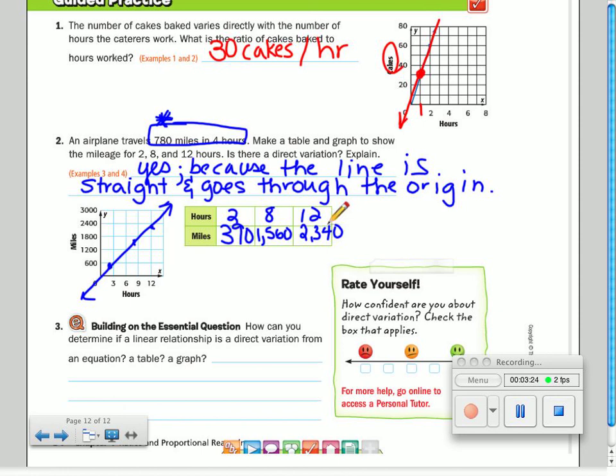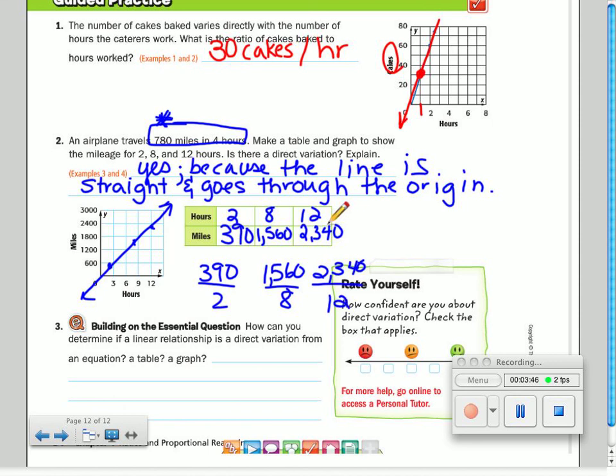There was one other way besides just determining if the line was straight and through the origin. Any other ways? One other way. Zach? Reduce all the fractions. Yep, if you reduce all these, so you put 390 over 2, 1,560 over 8, and then 2,340 over 12.